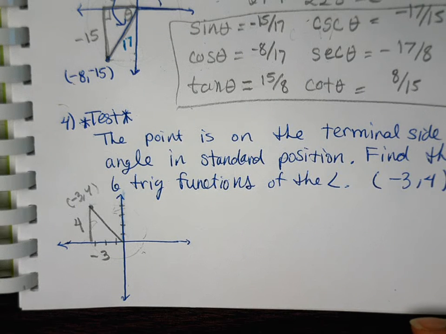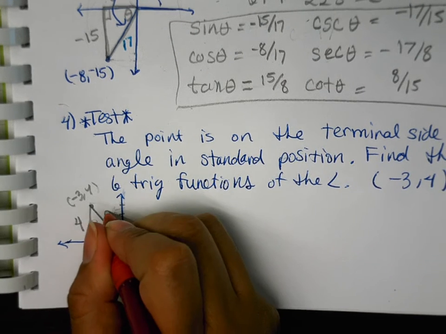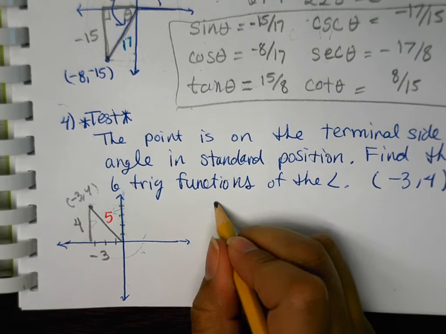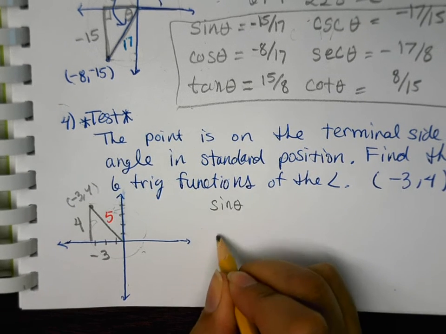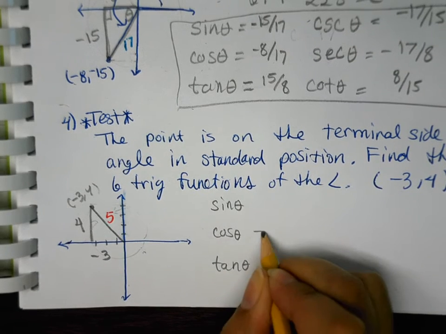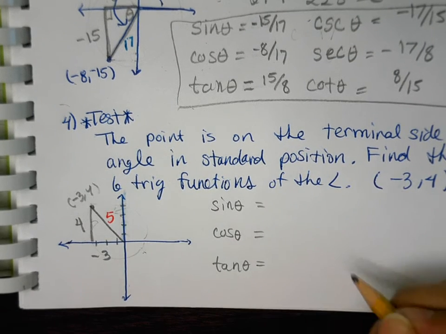Is it 5? Okay. Now I'm going to have you go ahead and find your sine, cosine, and tangent. And none of these reduce, but then go through and find the reciprocals as well.